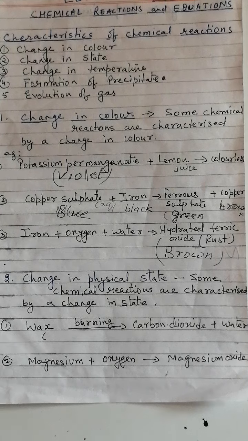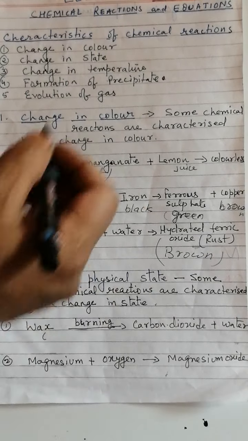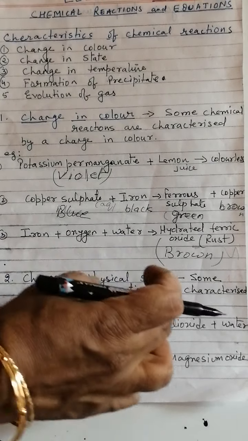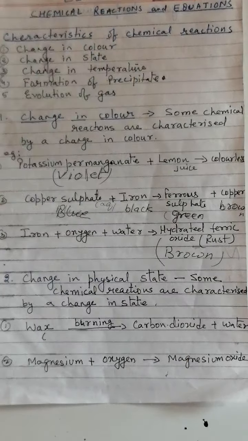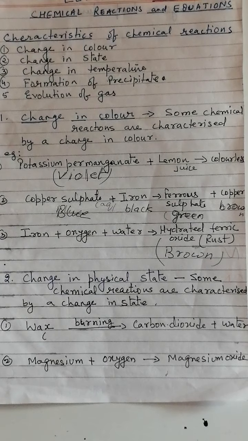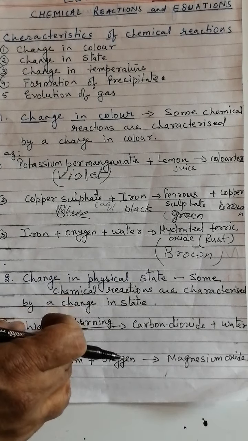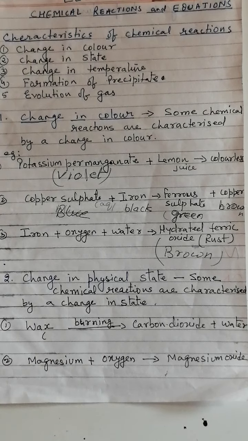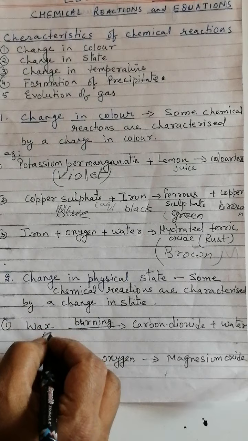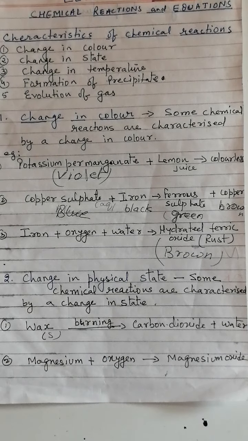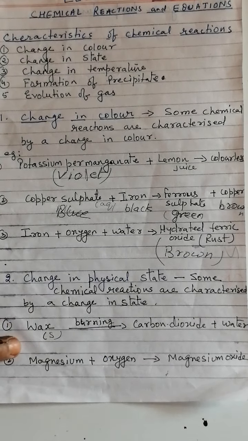Now the next property, that is change in physical state. Physical state refers to the condition in which any chemical substance can exist at room temperature. If you take wax at room temperature, children, what is the physical state of wax? That is solid state.